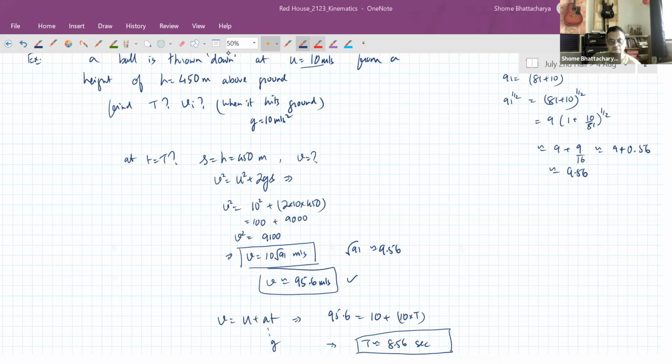Actually, the correct value of this square root 91 is closer to 9.54 than 9.56, but this approximation method will give us this, which is okay enough for basic approximation.